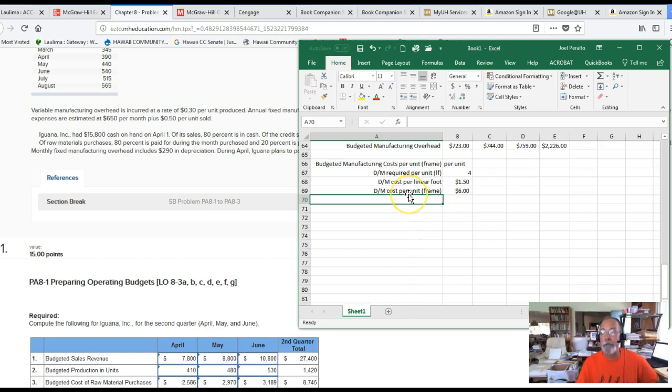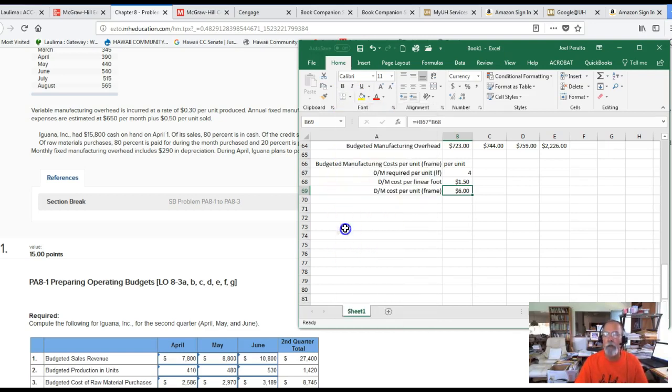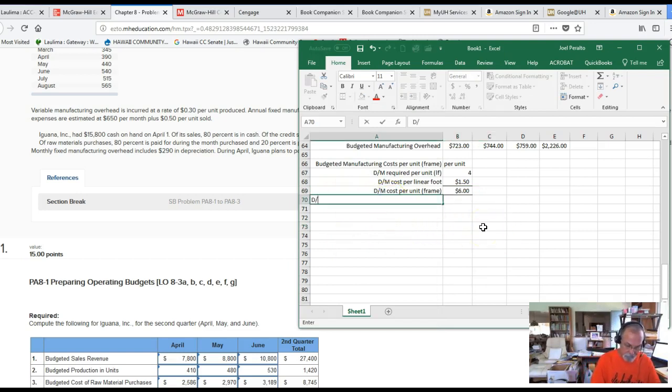Let's see, then direct labor. Direct labor required per unit, and so that was 0.5.